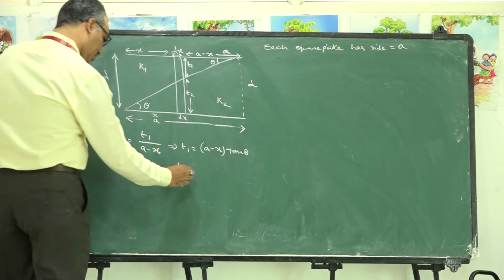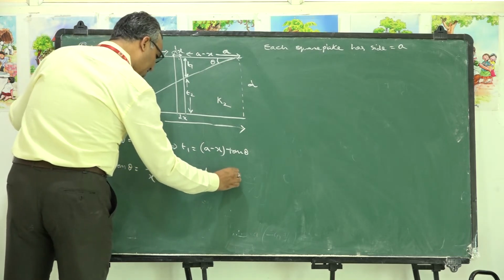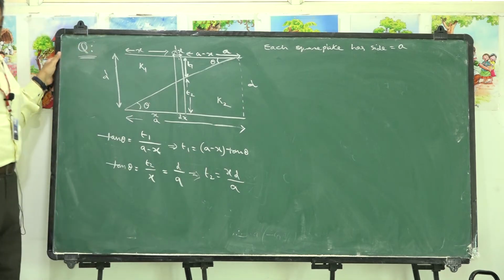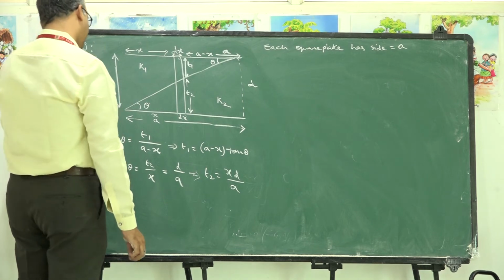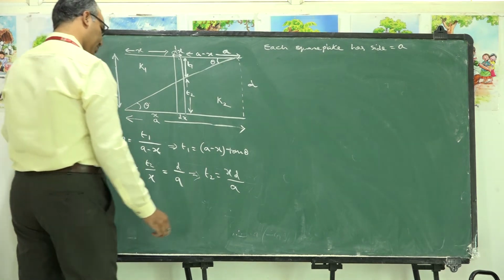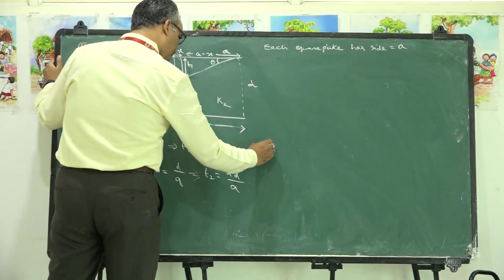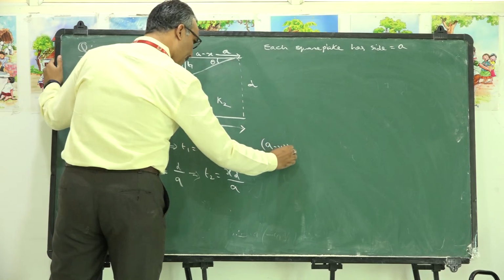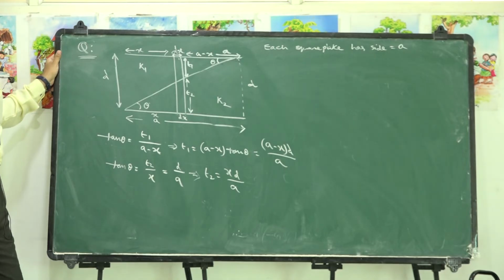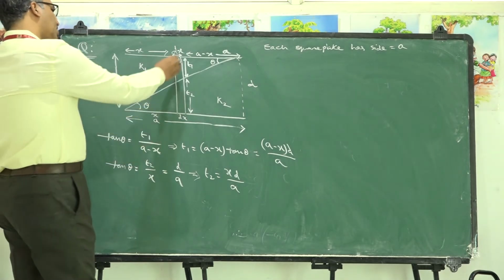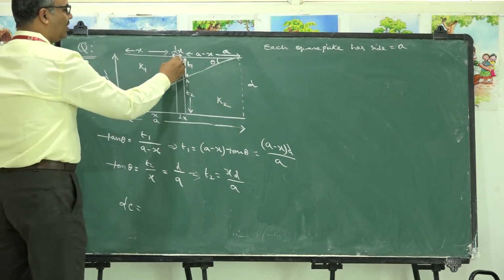So it implies T2 can be written as xd by a. Similarly, T1 also can be written, again tan theta means d by a, so T1 is A minus x into d by a. Now, the capacitance of the small capacitor dC. dC is the capacitance of this elemental capacitor.